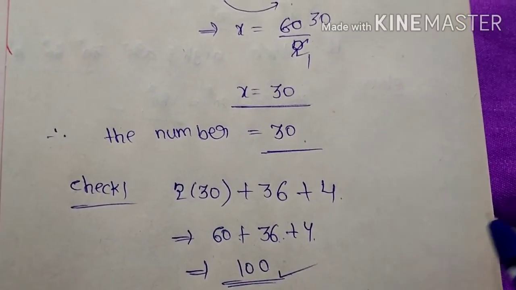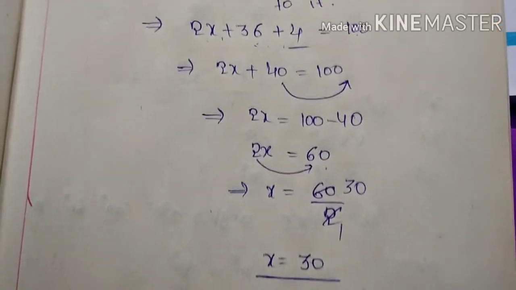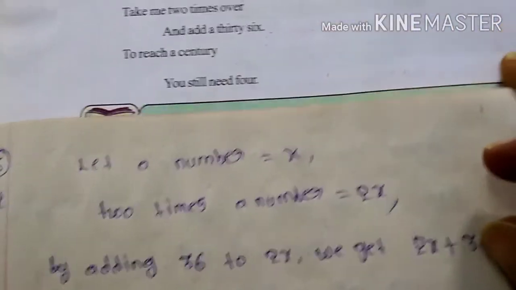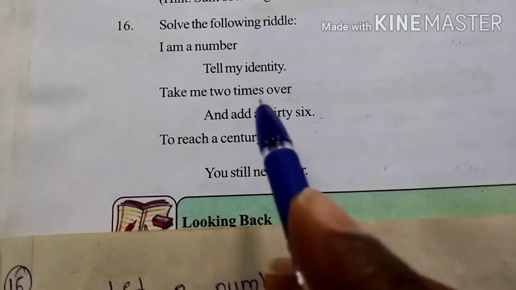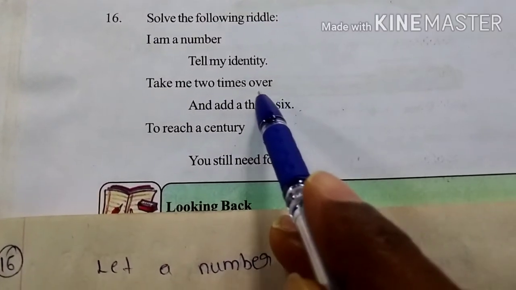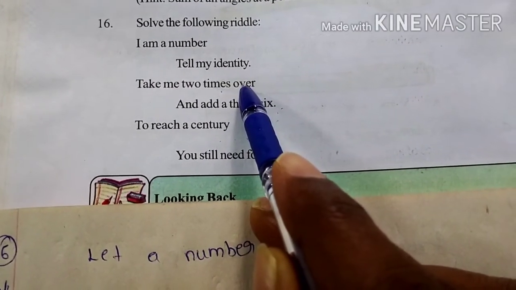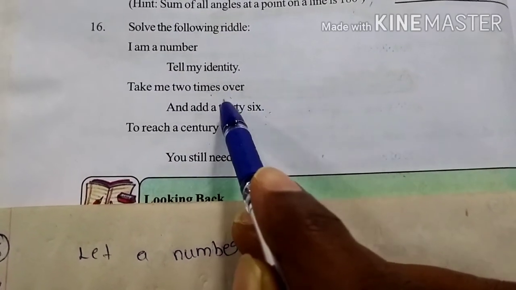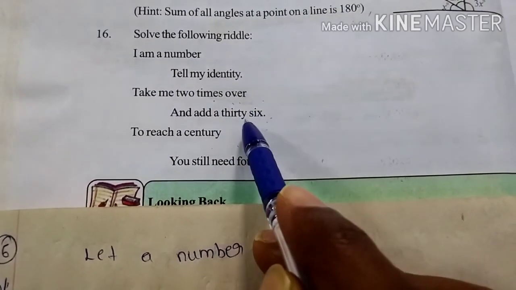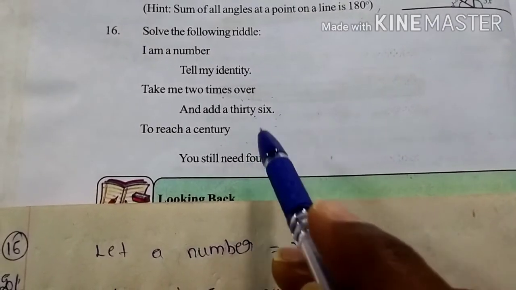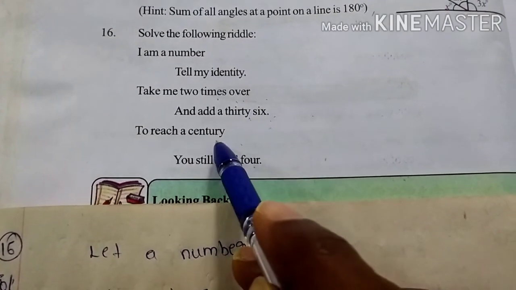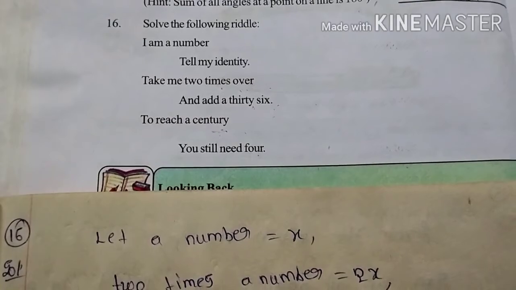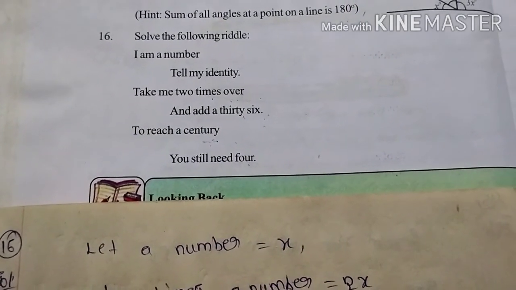Yes or no? This is your solution. Just you can see, clearly mentioned, take me 2 times over, 2 into 30, 60, 60 plus 36, 96, 96 plus 4, 100. Are you getting century or not? Yes, this is your solution.